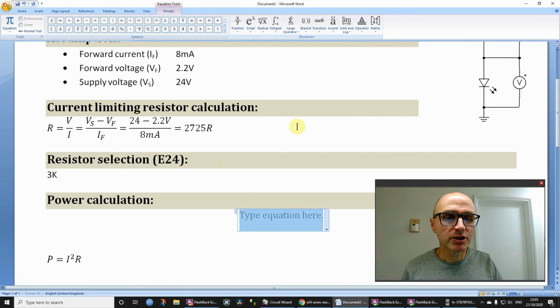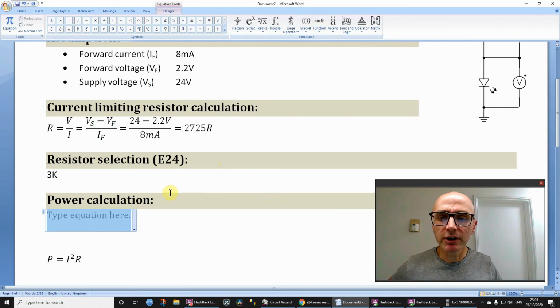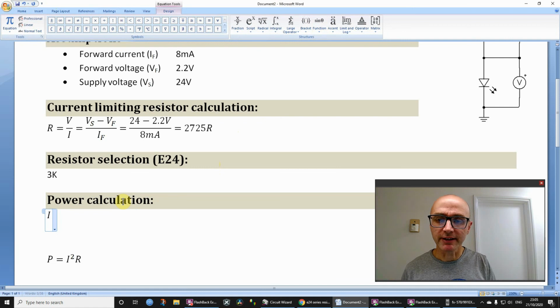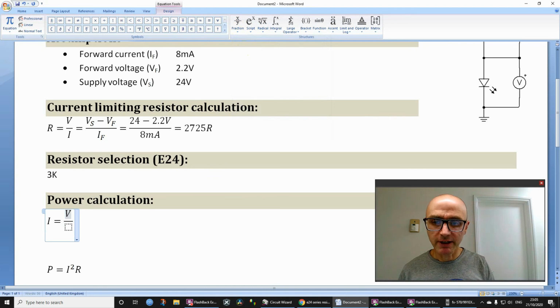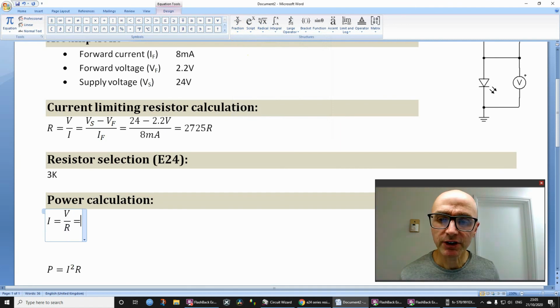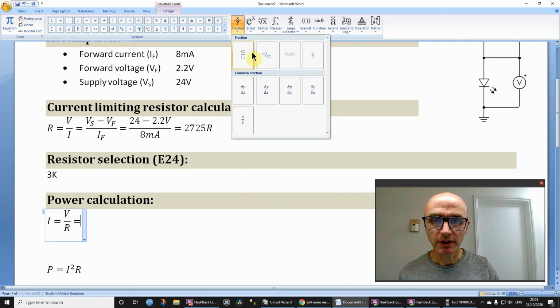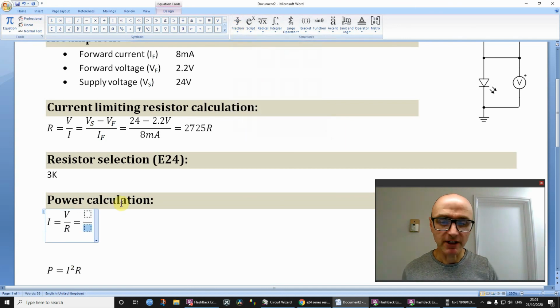So insert equation, Control L, got it over on the left hand side. So I'm going to recalculate the current. I equals, using Ohm's law again, I equals V over R. So the current is going to equal, need the fraction again, the V, so how many volts are we going to be dropping?